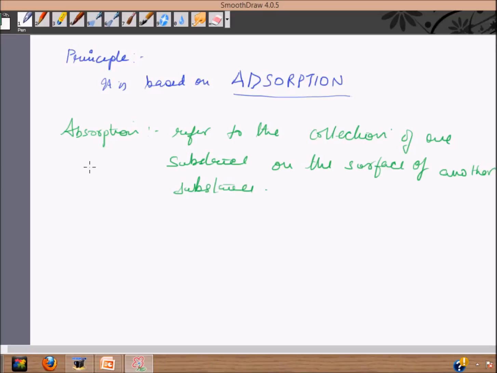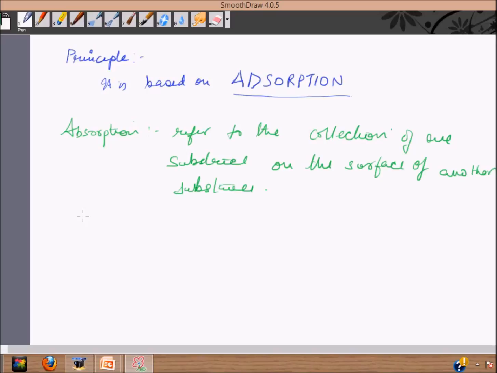Please don't get confused with absorption, as absorption is the mixing of both substances. So it is a modern technique used for the separation of mixtures of substances.